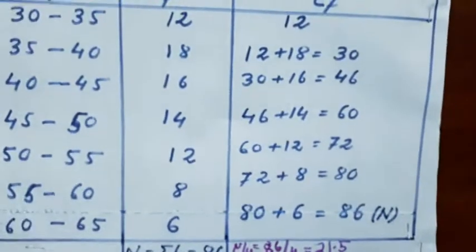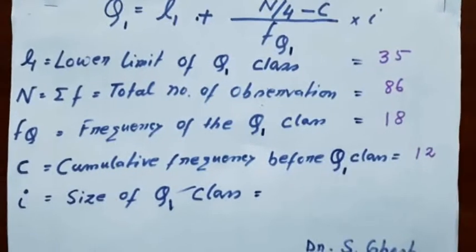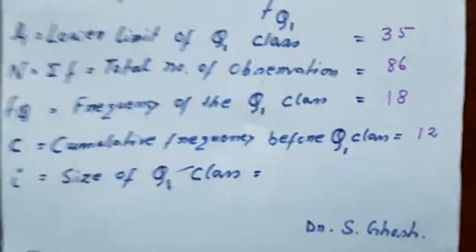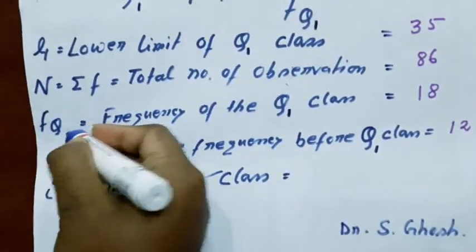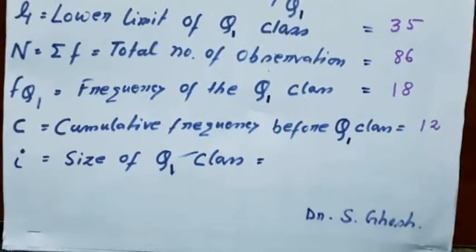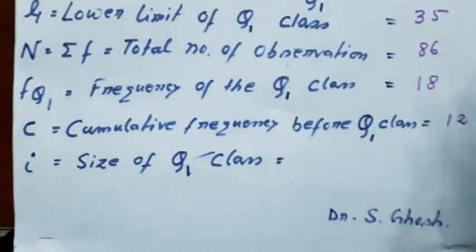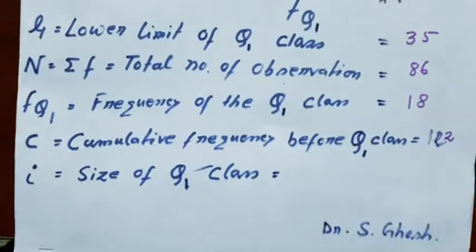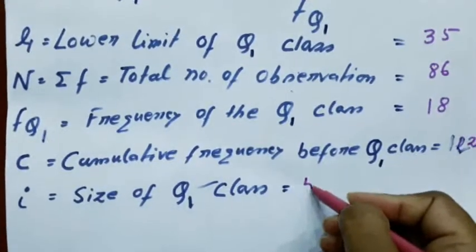So L1 equals 35, N equals 86. The first quartile class frequency FQ1 is 18, and the cumulative frequency before the Q1 class was 12, and the size of the class was 5.